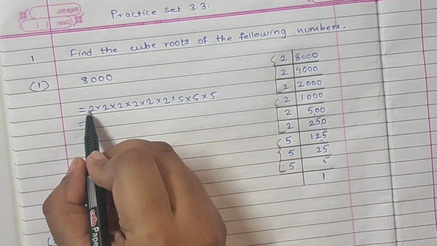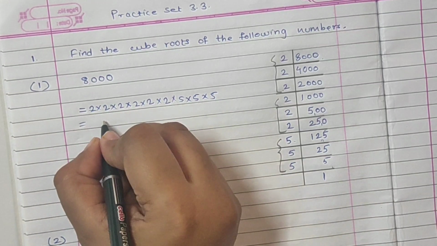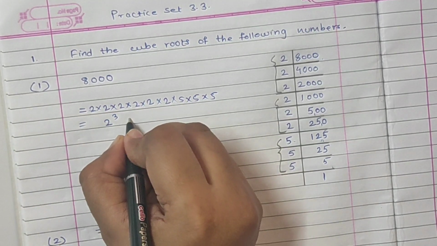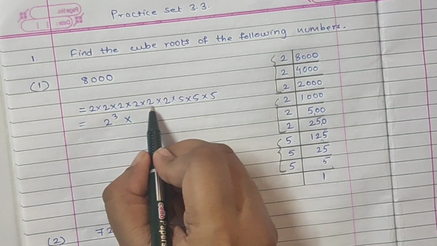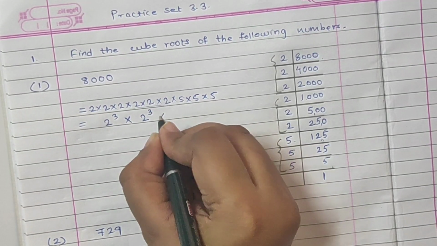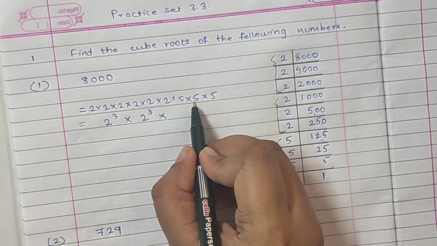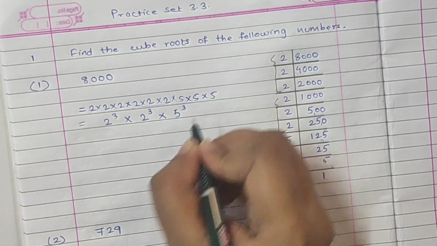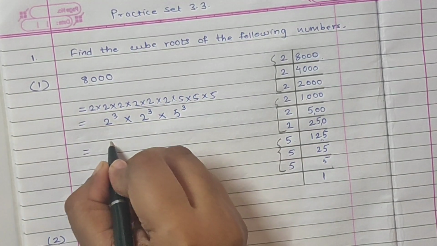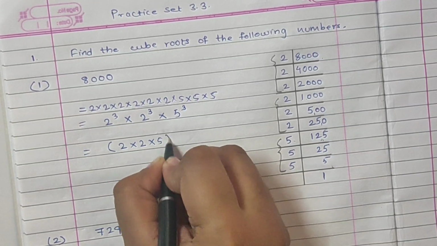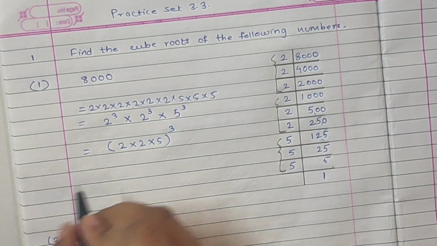Then instead of these 2, you will write 2 raised to power 3. Then multiplied by, instead of these 2, you will write 2 raised to power 3, and instead of these 5, you will write 5 raised to power 3. Now in bracket 2 into 5 raised to power 3.